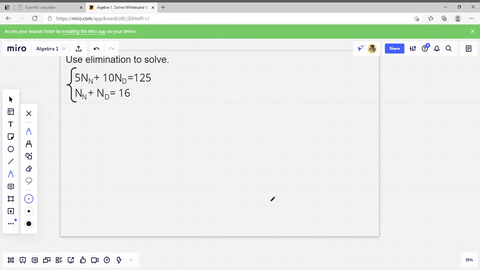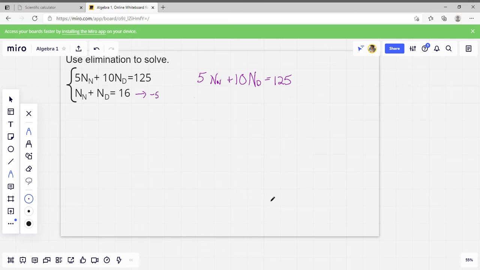All right, so I've got 5 times the number of nickels plus 10 times the number of dimes equals 125. And to use elimination, that means I'm going to have to change one of these. So I'm going to change that one, and I'm going to multiply that times negative 5.